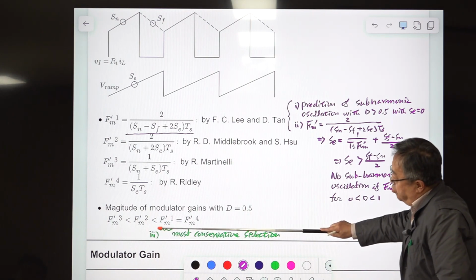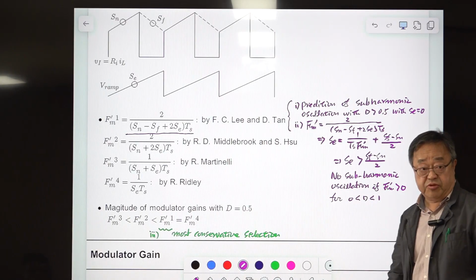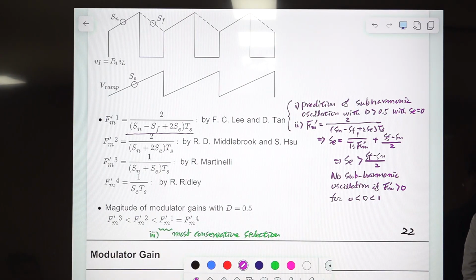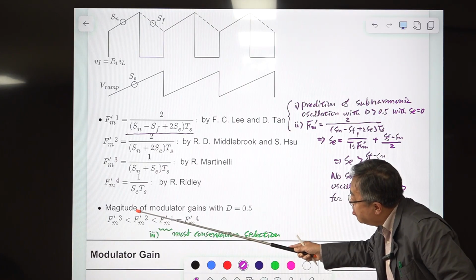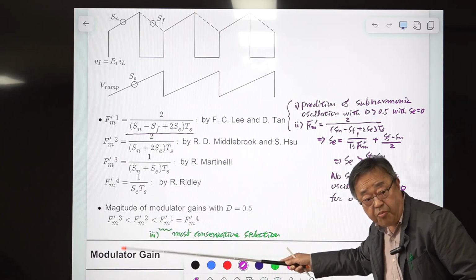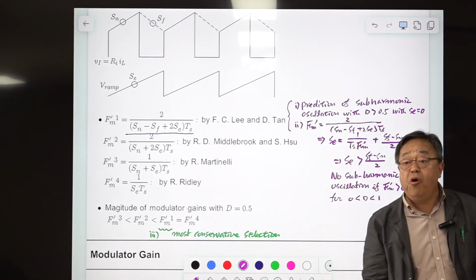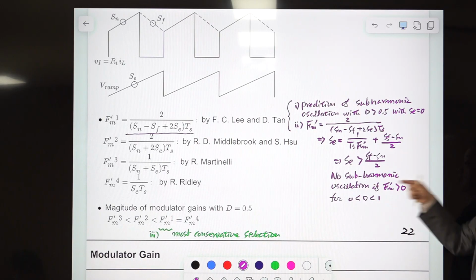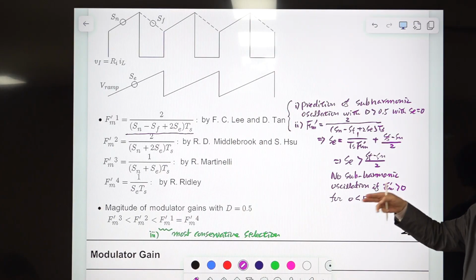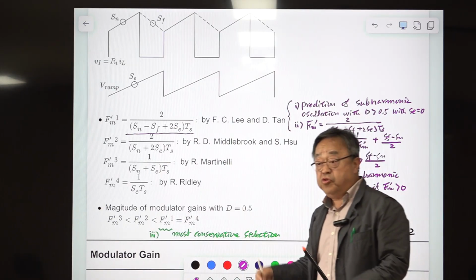Then I wrote down that this is the most conservative selection. Conservative means safe selection. Assume this is some number. Then this number is smaller than this, and this number is smaller than this. Smaller is safer. If you go in the smaller direction, there is a more conservative design, which is safe.